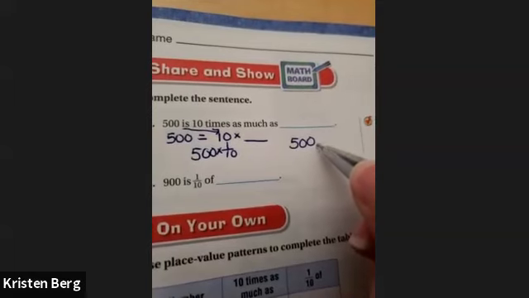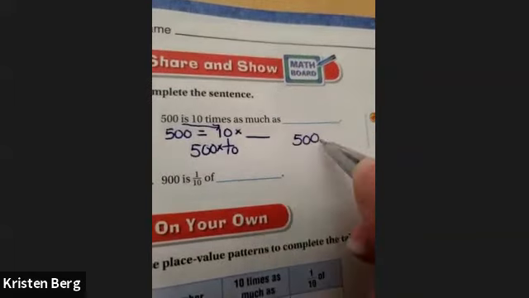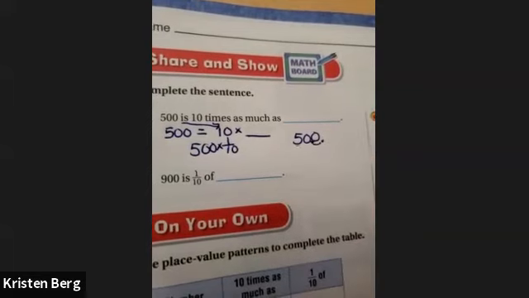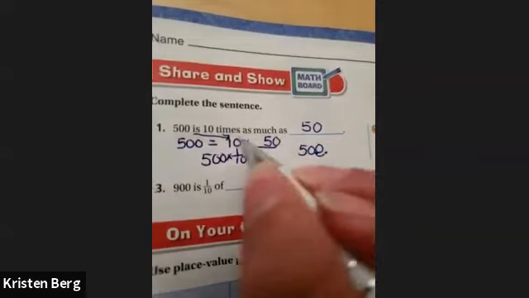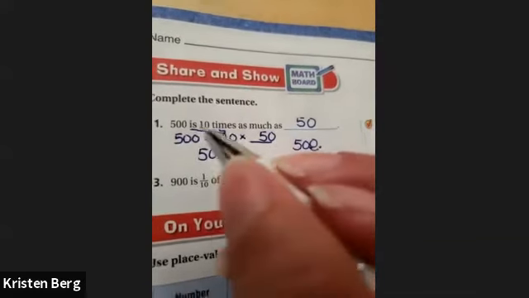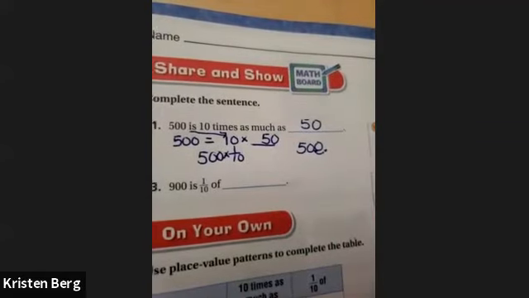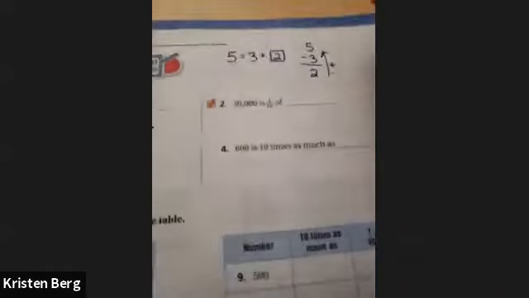So we are going to make it smaller by a place by moving it in, and that will now be 50. So in order to check and make sure that this is right, you could just simply go this way and make sure it makes sense. 50 times 10 should equal 500. Does 50 times 10 equal 500? Yes, it does.